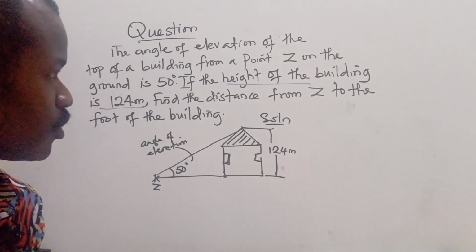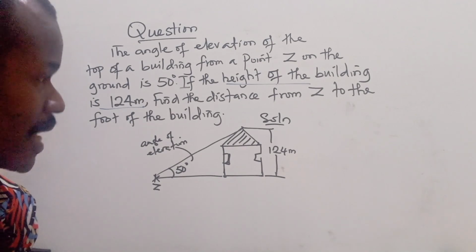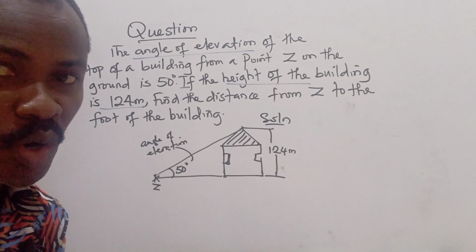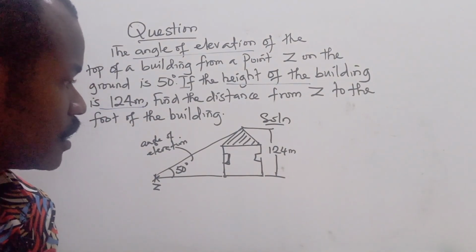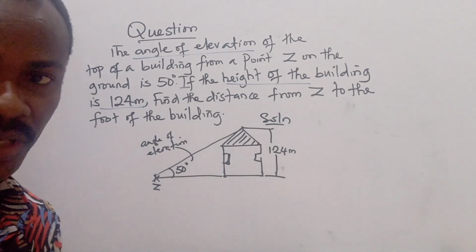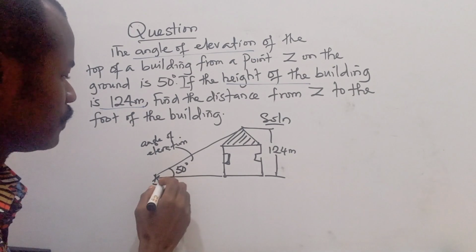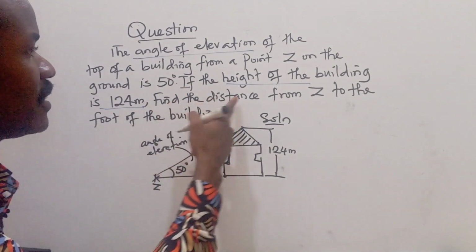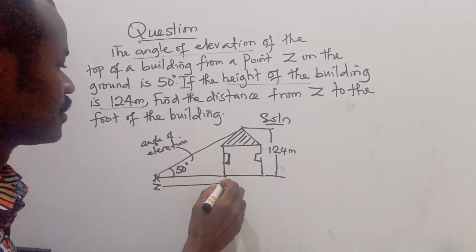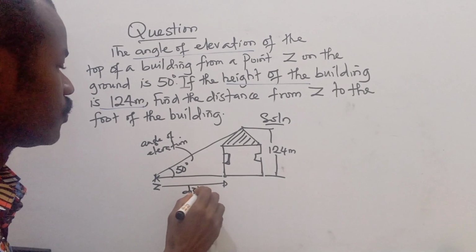Most problems that have to do with angle of elevation and depression form what we call a right angle triangle. Remember, the question says we should find the distance from Z to the foot of the building. So this distance is what we are going to look for.